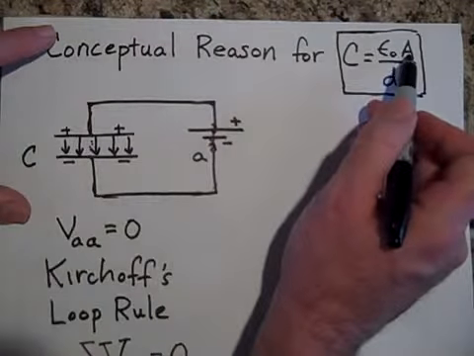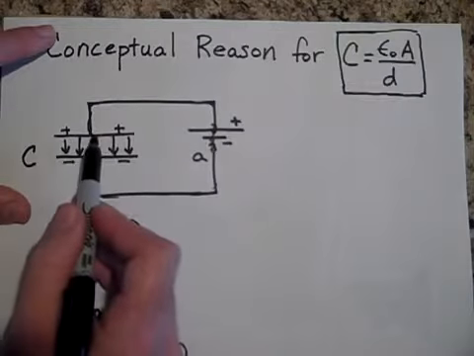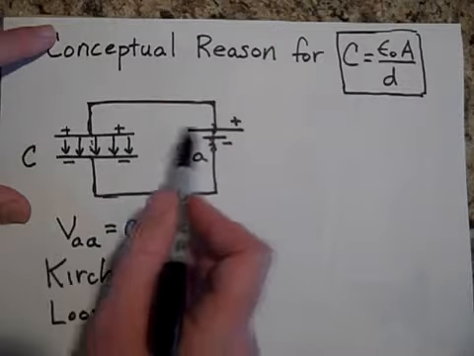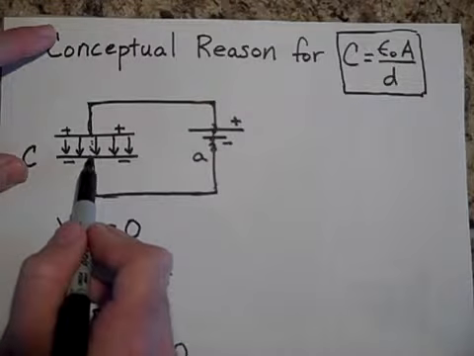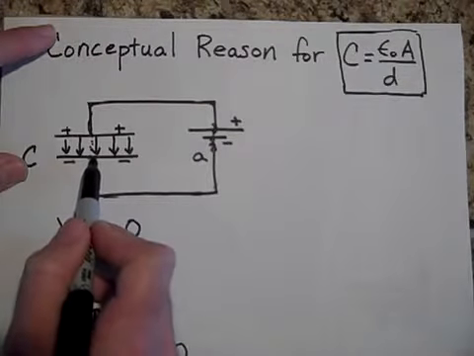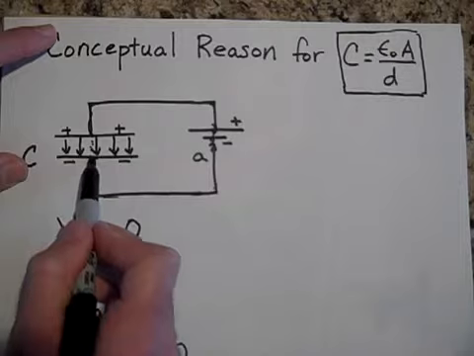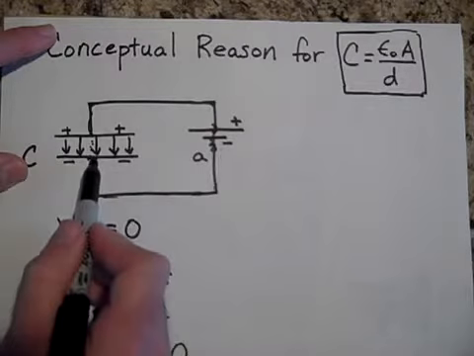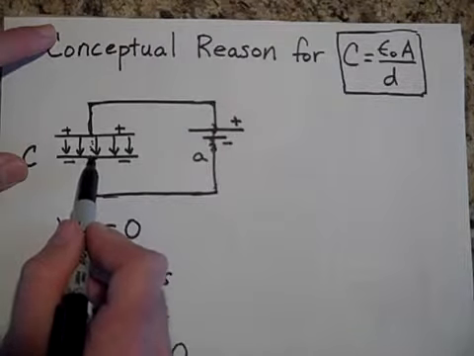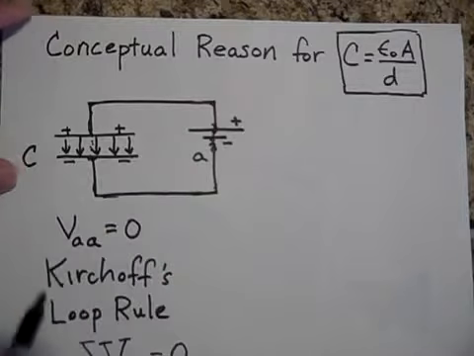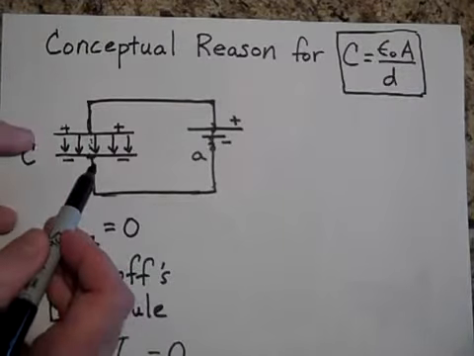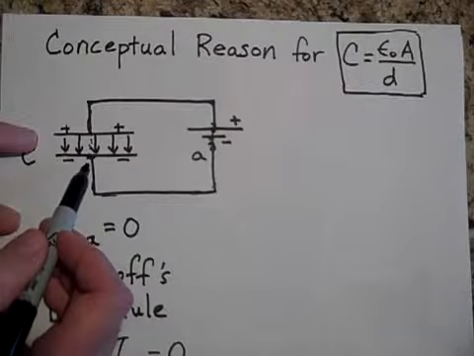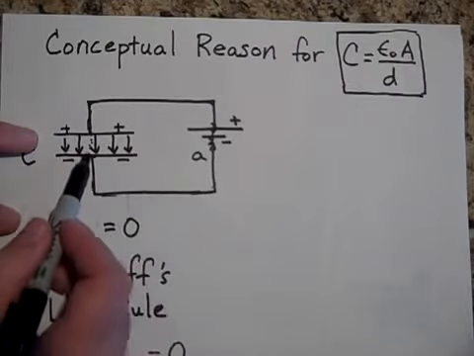The A makes sense conceptually because the bigger the plates are, the easier it is to store charge. Think of a little plate. If this one down here were just a tiny plate, you'd put a little charge on there, and after just a smidge of charge, there'd be so much tension pushing the electrons the other way that no more electrons would be able to get on.